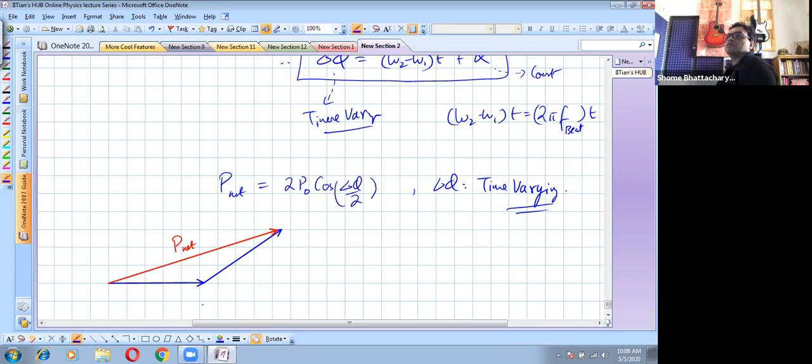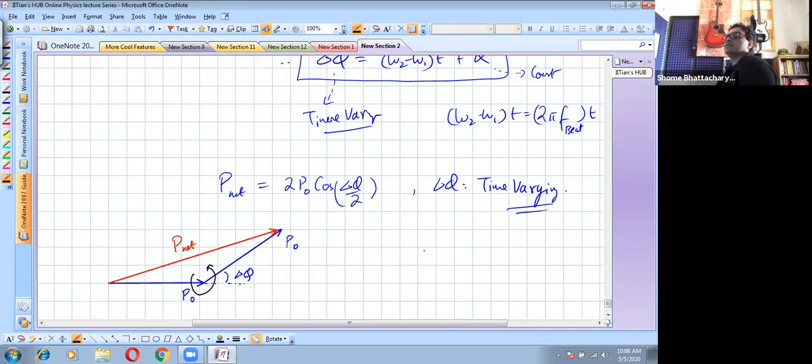But you notice here that this phase term, delta phi, is actually rotating. So this whole thing is actually rotating like this.